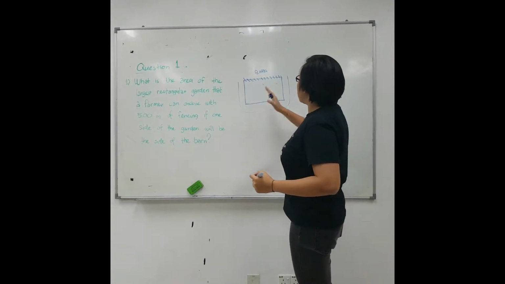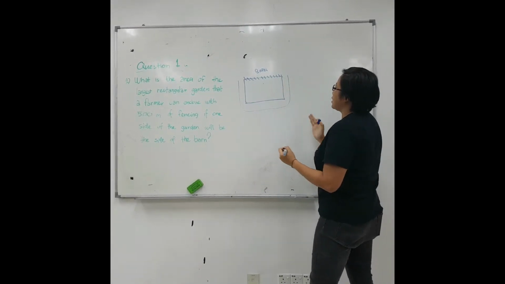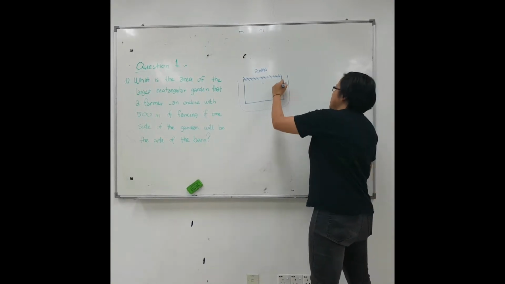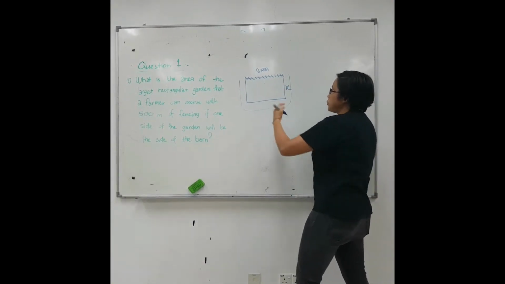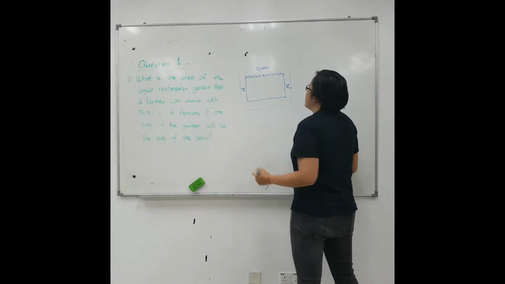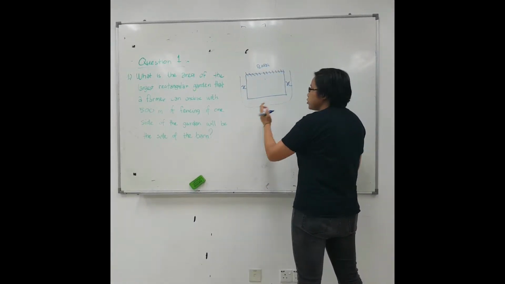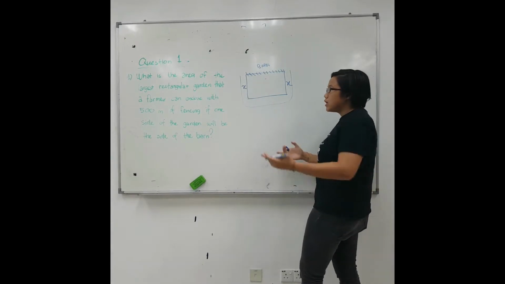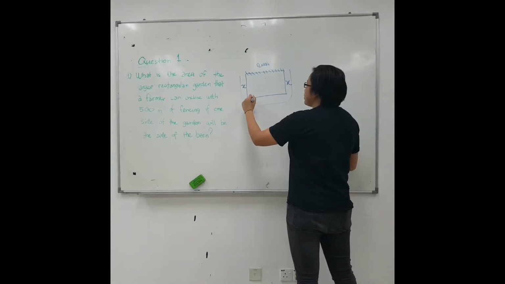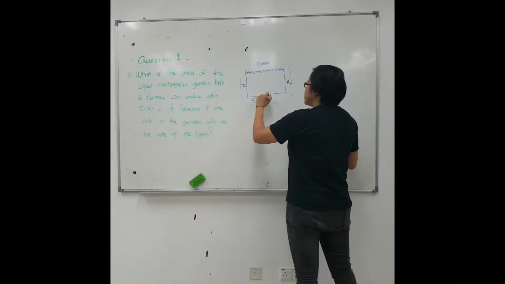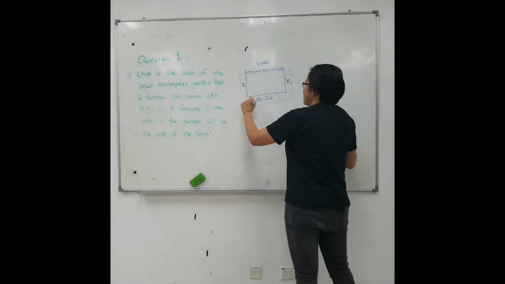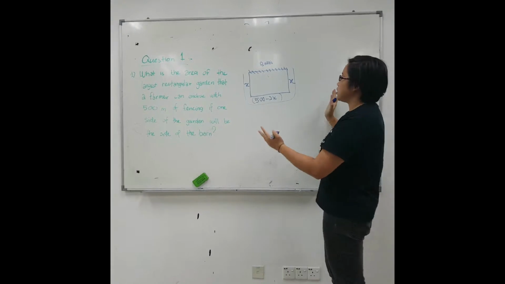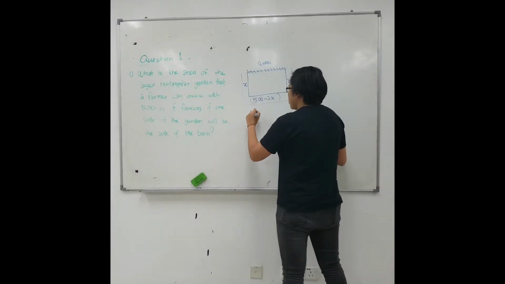Now, let's give this side a value. Let's say an unknown value, which is x. Which makes this side x as well. And which makes this side, since the total is 500, right? So 500 minus 2x. Okay? So now we have our equation. So now we will go back to what's area.